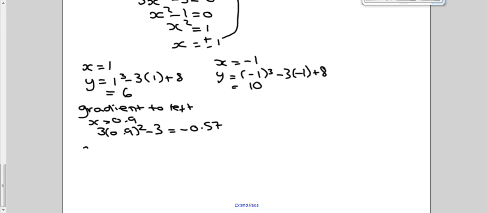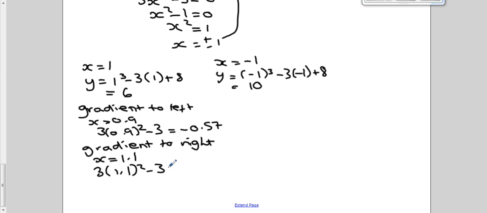And the gradient to the right, so that's at x equals 1.1, so that's 3 lots of 1.1 squared minus 3, which would come out to give us a gradient of 0.6. So at the point 1, 6, we have a negative gradient going into a stationary point and then out into a positive gradient. So at 1, 6, we have a minimum.